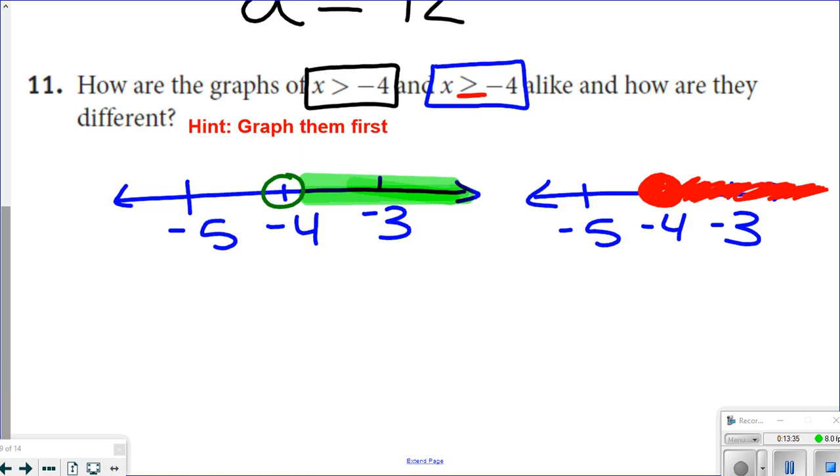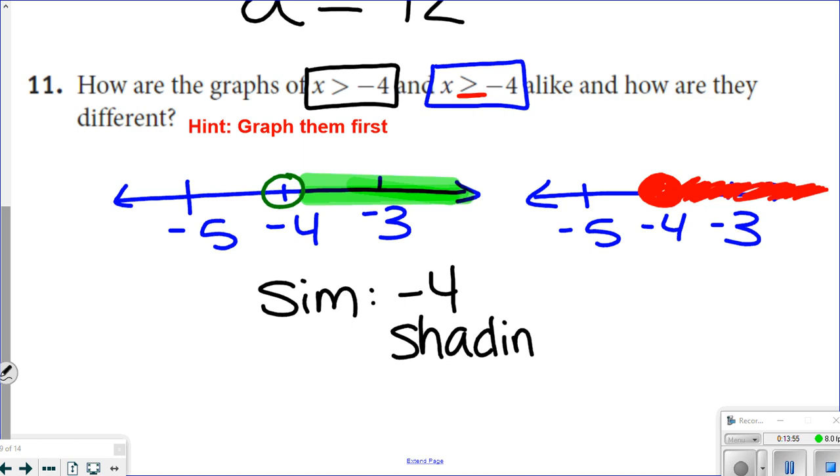So a similarity is that they both start at -4. Both circles are at -4. And they both have a solid ray of shading to the right.